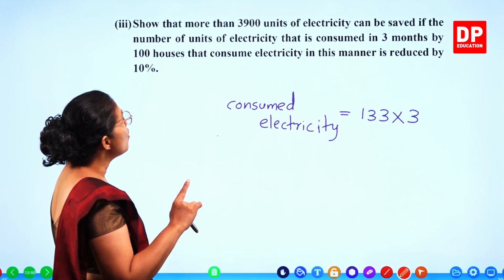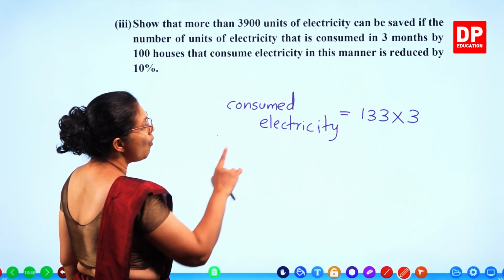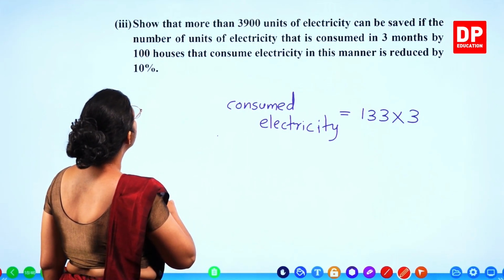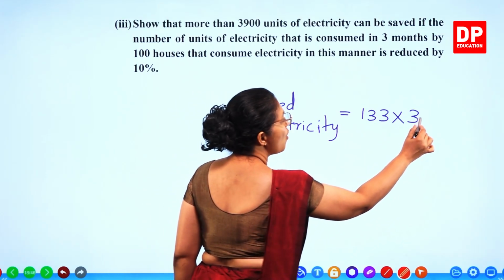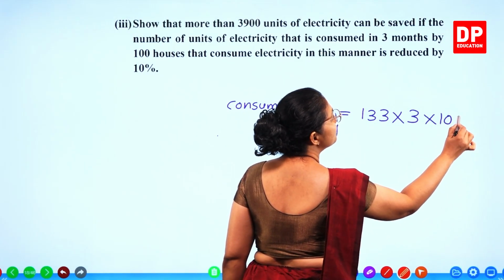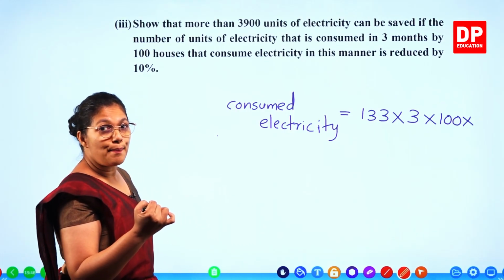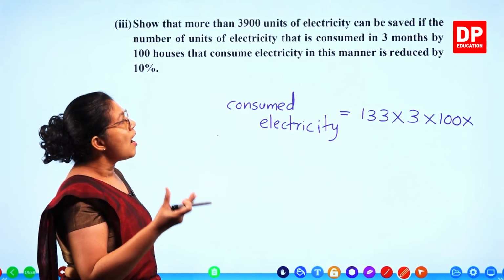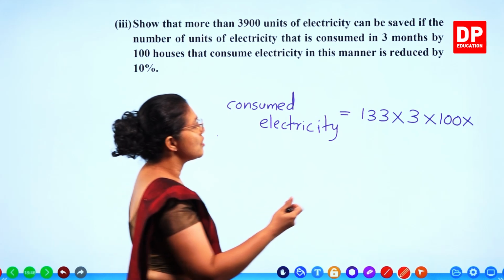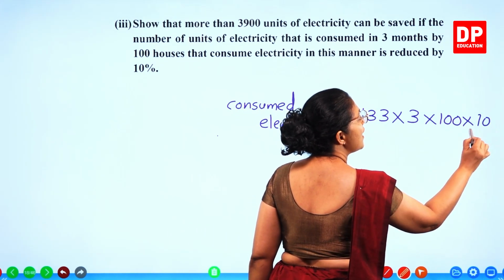And how many houses are there? This is for one house, and there are 100 houses. And if it's reduced by 10%, you have to calculate how much it reduced. So 10% value of that.